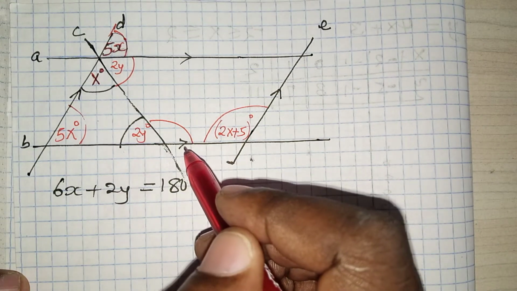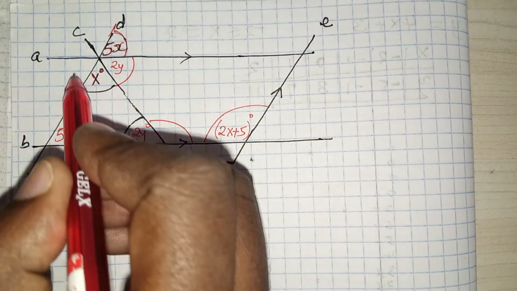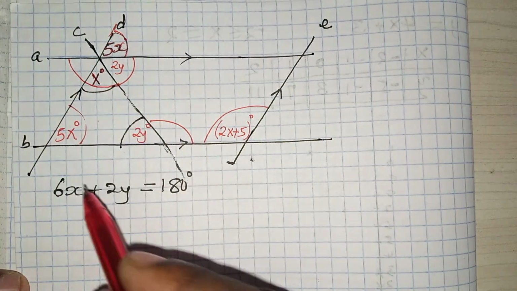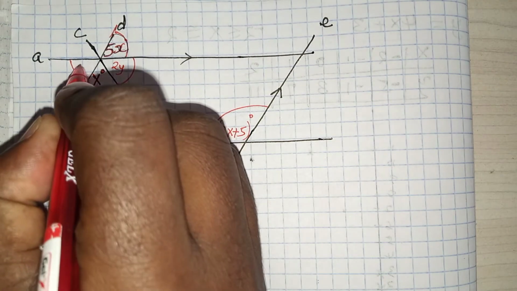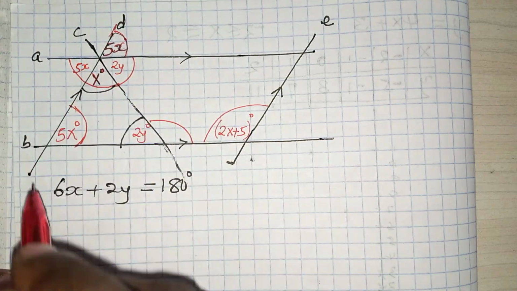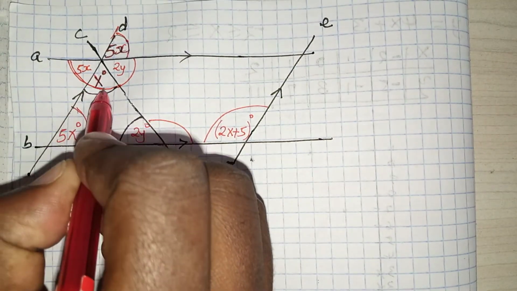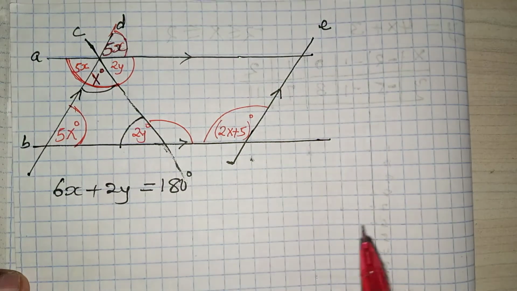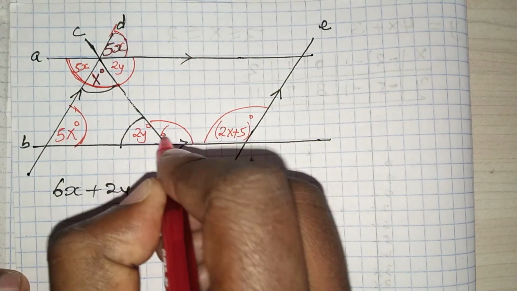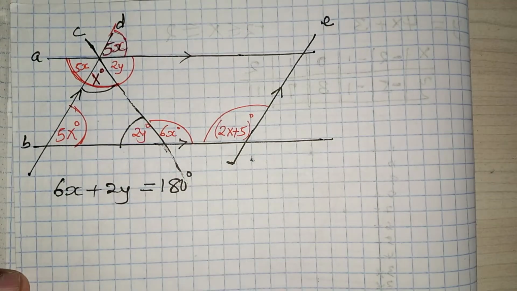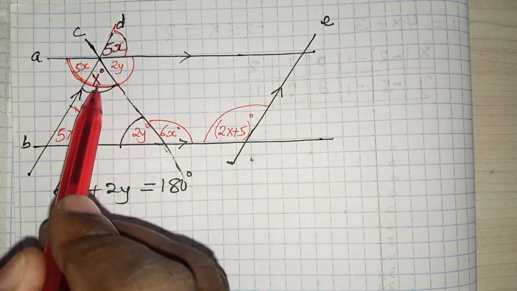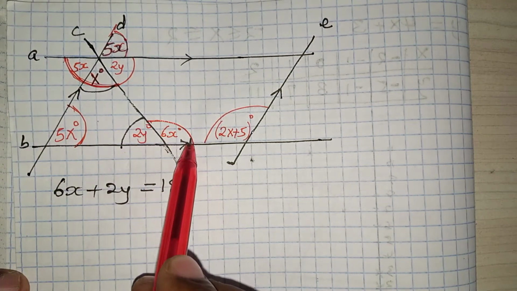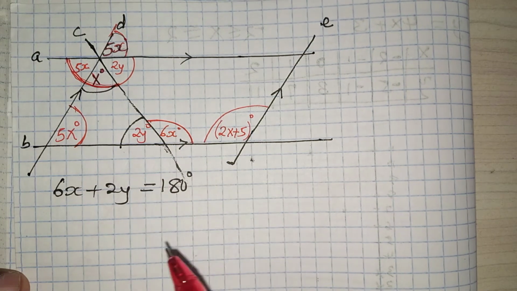That angle corresponds to this angle here, and that angle is 5x. It is alternate to this 5x. So the whole of this angle is 6x. So this one here is 6x degrees, because it is in alternate position with that.